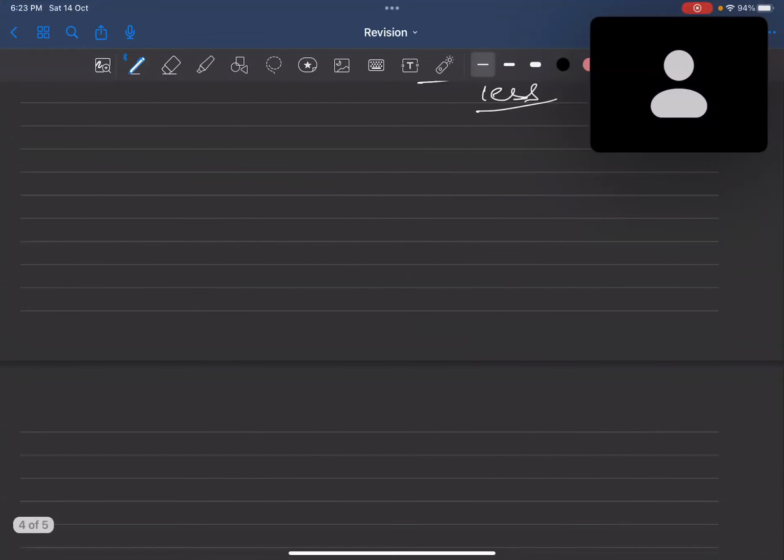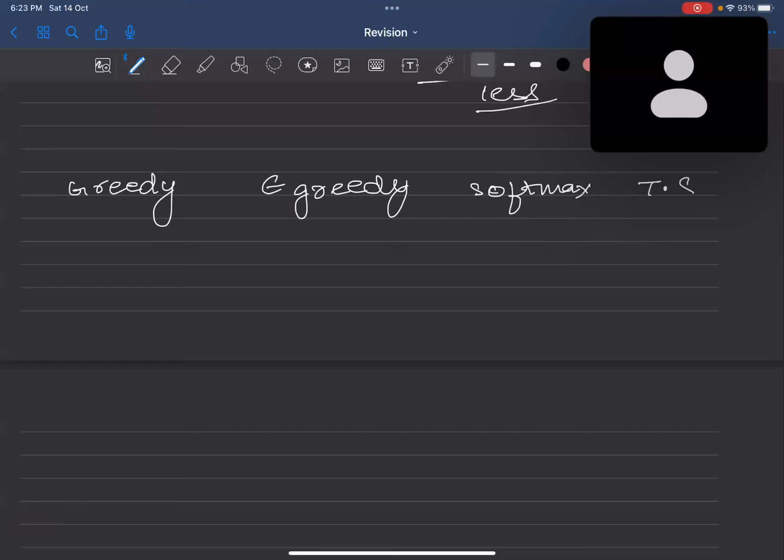Now coming to these MAB techniques, we have greedy, as everyone said, epsilon greedy, softmax, and Thompson sampling, and UCB as well.